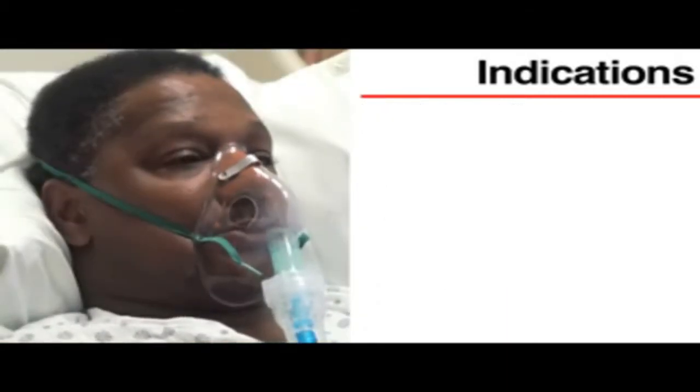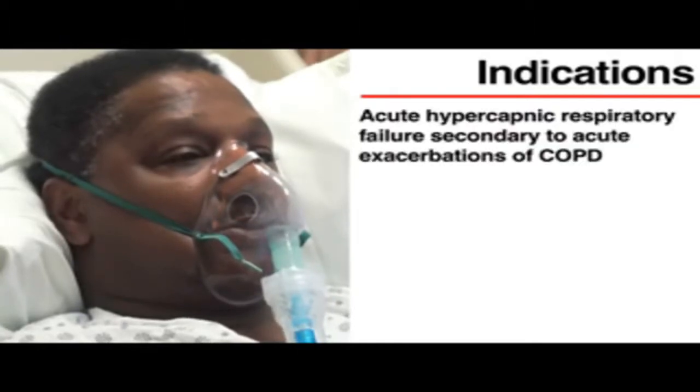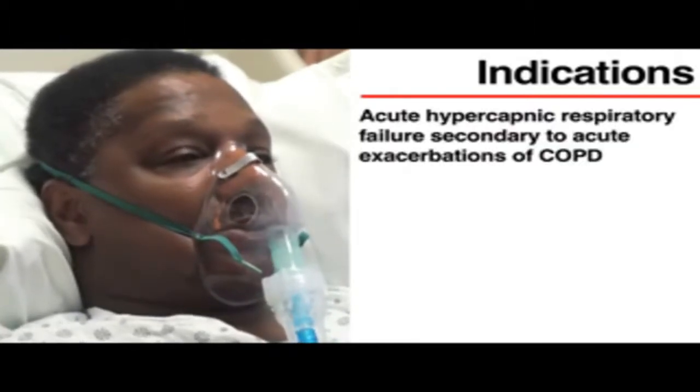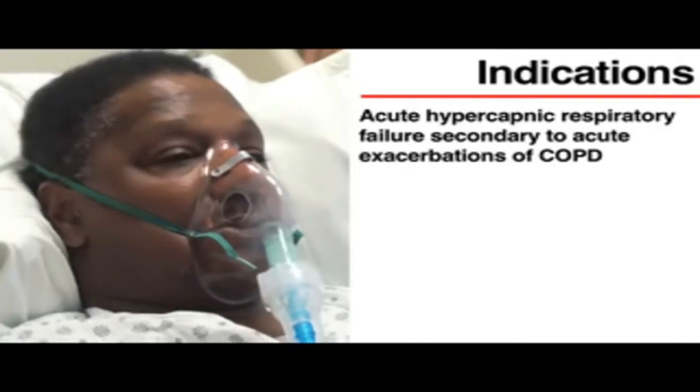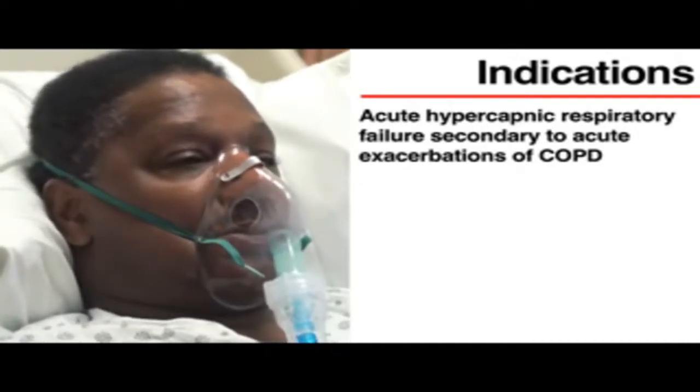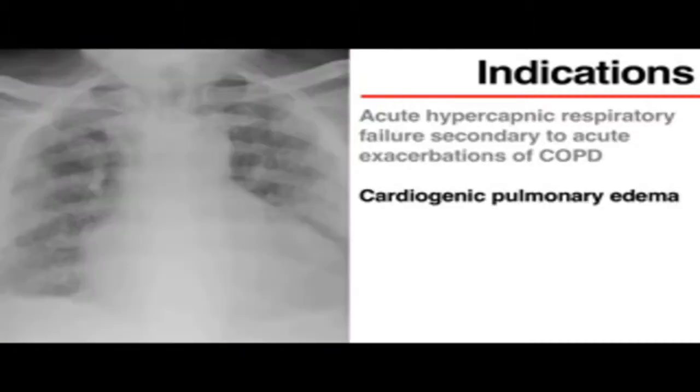There is strong evidence that BPAP improves outcomes in hypercapnic respiratory failure secondary to acute exacerbations of chronic obstructive pulmonary disease, or COPD, and that both BPAP and CPAP improve outcomes in cardiogenic pulmonary edema in the absence of shock or ischemia.